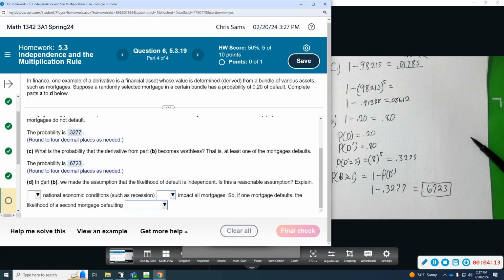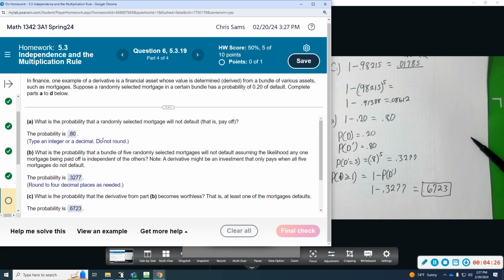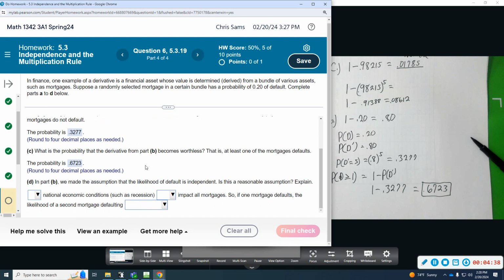All right, and then D, in part B, we made the assumption that the likelihood of default is independent. Is this a reasonable assumption? Explain. Unless we know these people have some relationship and they have bad credit, or they've defaulted before, we know something about their history, I think it is okay to assume that they're independent.